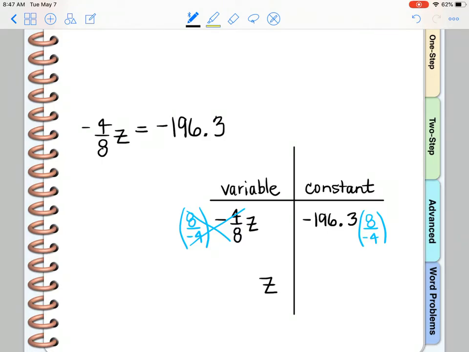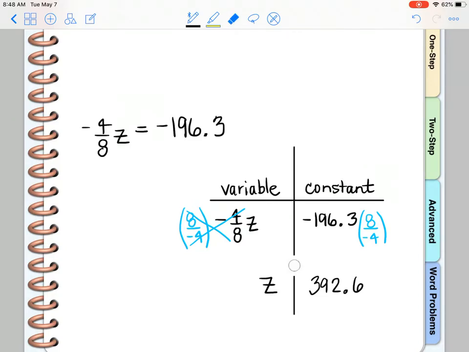And this is where I thought we might have a problem because we're multiplying a decimal by a fraction. So let's try this out. 196.3 negative times 8 over negative 4, and that gives us 392.6.